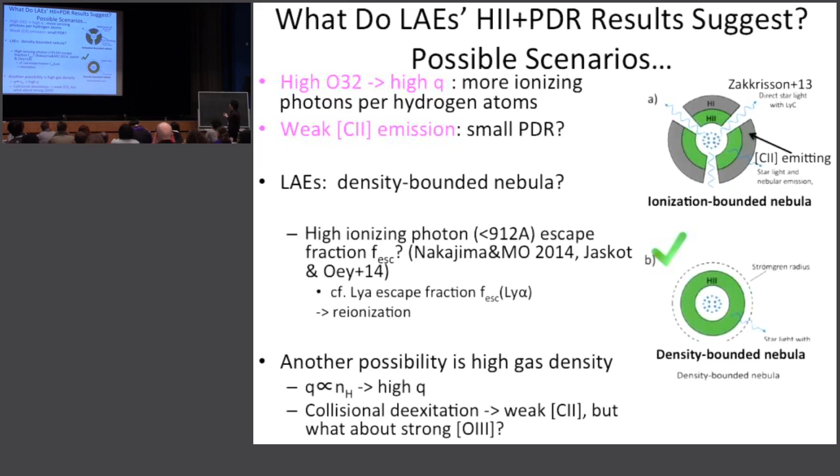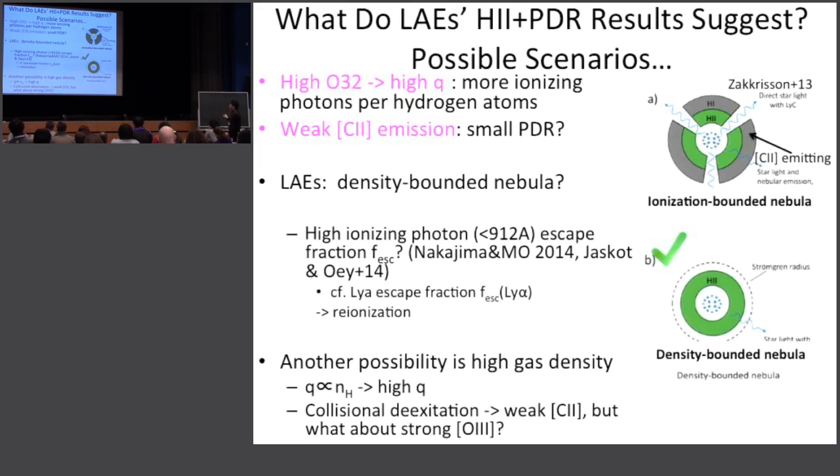So you have a totally ionized region, and the Strömgren sphere is outside of it. You only have a relatively large volume of the high ionization region compared to the low ionization region. That can explain the high O3/O2 ratio, and also there's no photodissociation region.